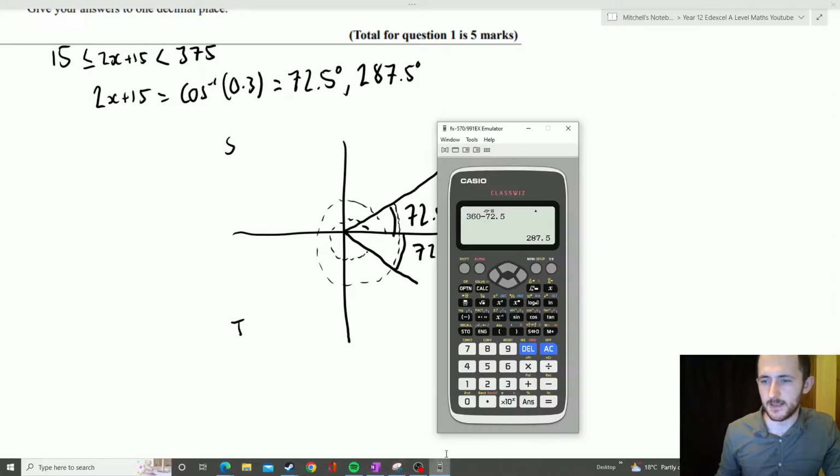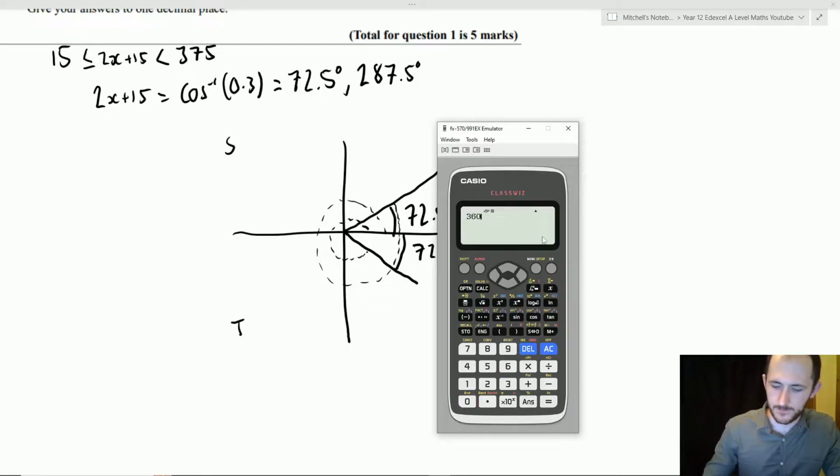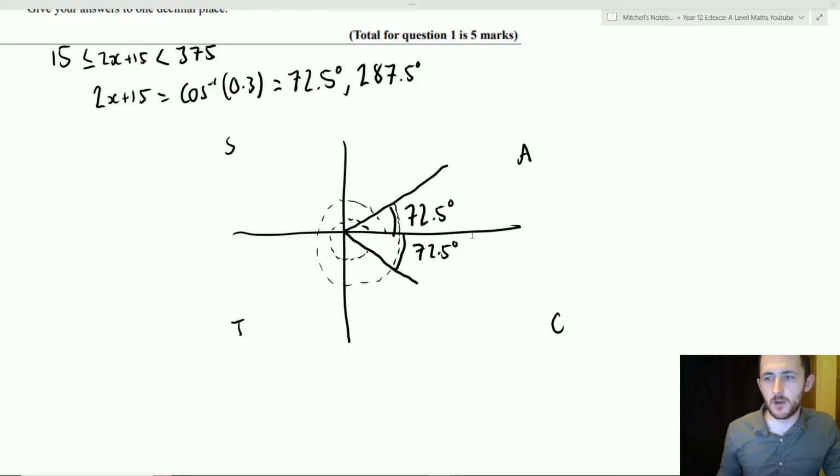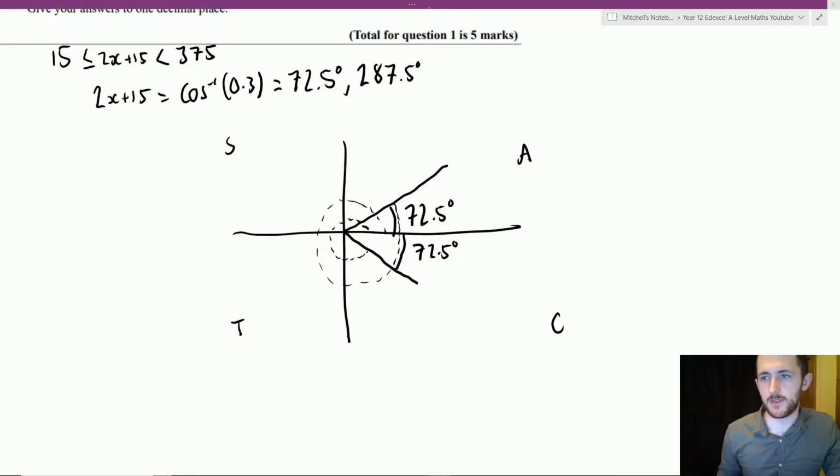What I would get is 432.5. Now if I look at my range, the upper limit is 375, so I don't include this. And obviously all future values will also be outside the range. I also don't go the other way into the negatives because my lowest value is a positive number. So these are my two values for this.